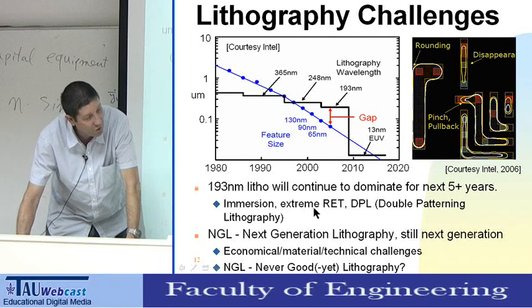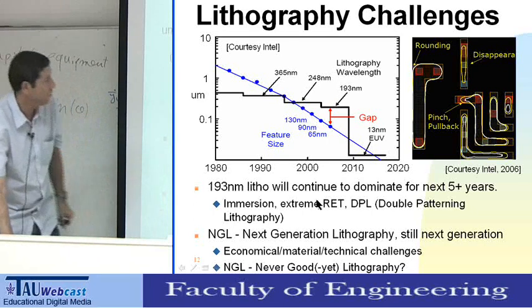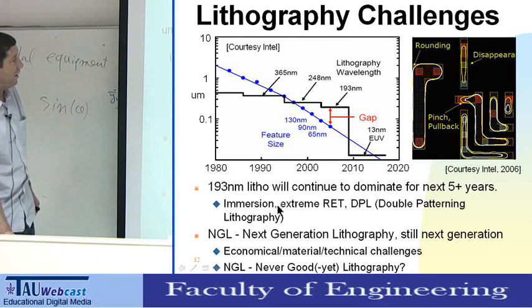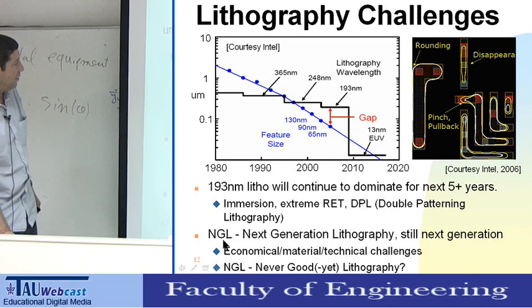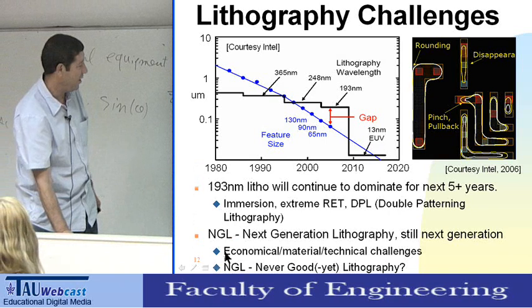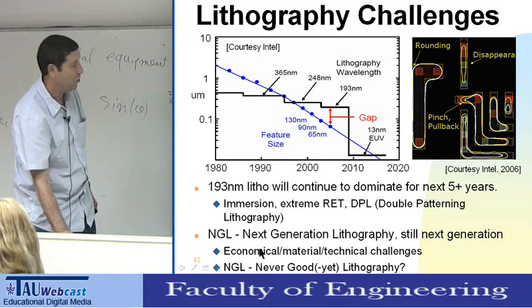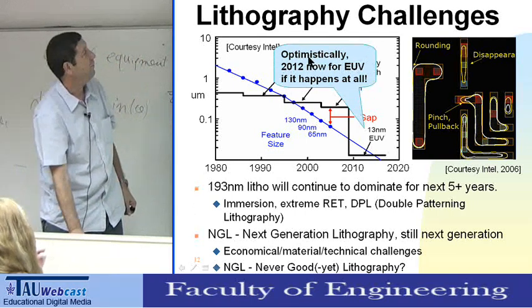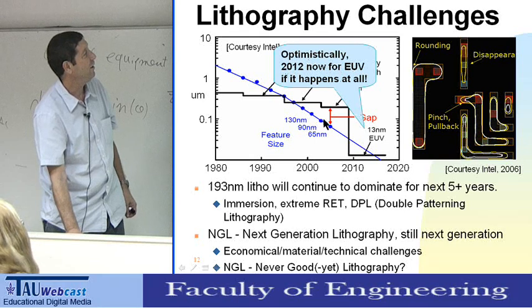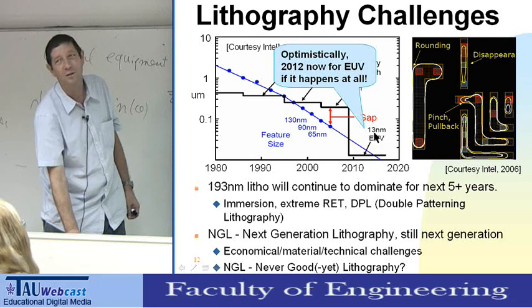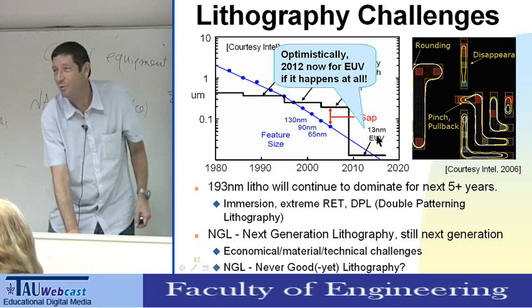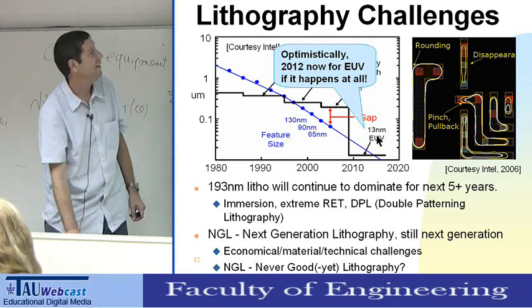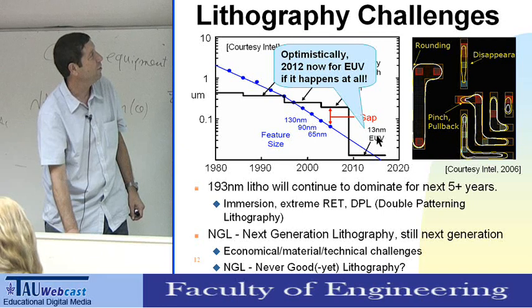And the key is immersion lithography, to use liquids and double patterning, or to move to something else. We call it NGL, and I'm going to show you what the something else is. If we are optimistic, 2012 is ready for the EUV 30 nanometer. Let's see. We have 2 more years to wait, and it's a very, very strong effort to bring it to manufacturing.